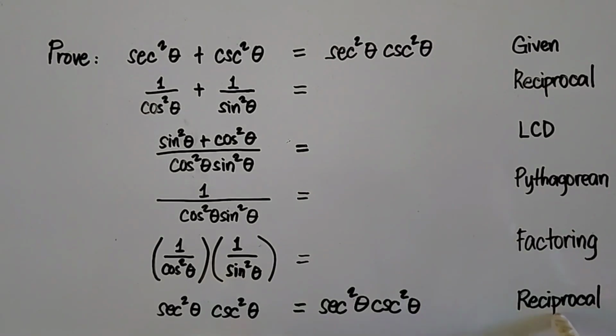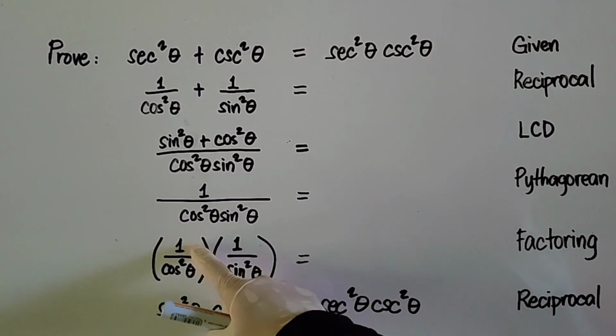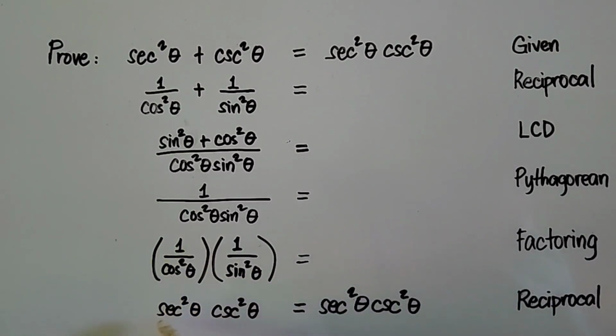By applying the reciprocal identity, 1 over cos squared theta is secant squared theta, and 1 over sine squared theta is cosecant squared theta. We have proven that secant squared theta plus cosecant squared theta is equal to secant squared theta times cosecant squared theta.